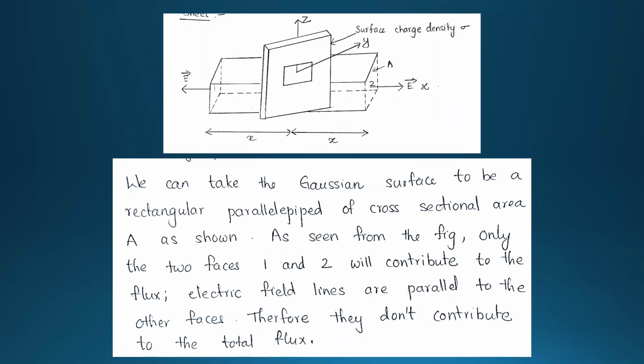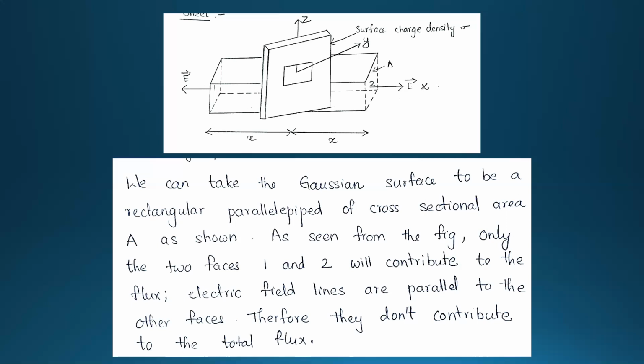I have already explained Gaussian surface in my previous videos. It is the surface through which we calculate the flux. Therefore, Gaussian surface helps us to calculate the electric field because mainly we use it to calculate the flux.